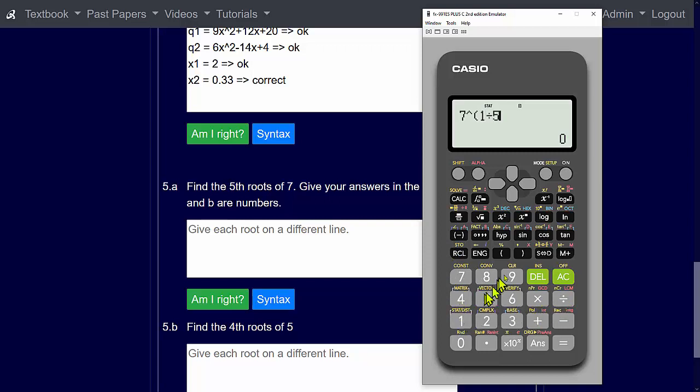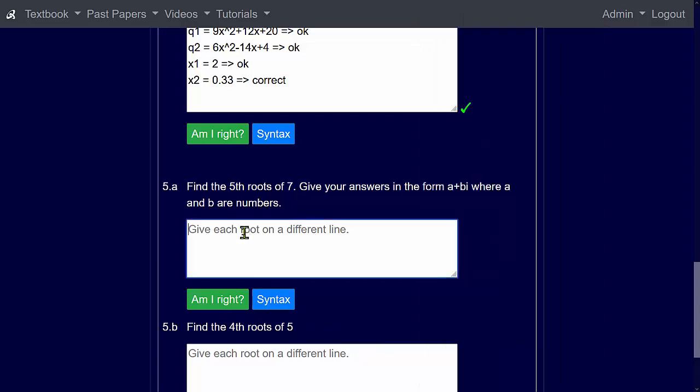You can put 0.2 on if you wanted. Okay, so that's 1.48. So one of the roots is going to be 1.48.